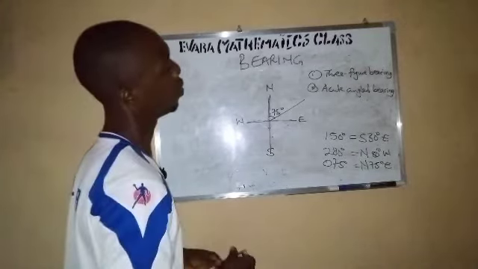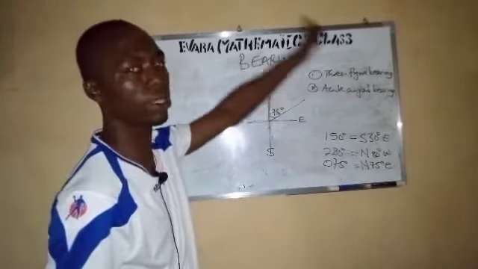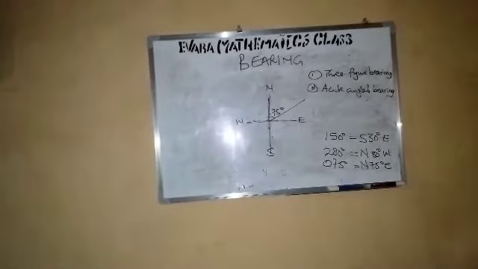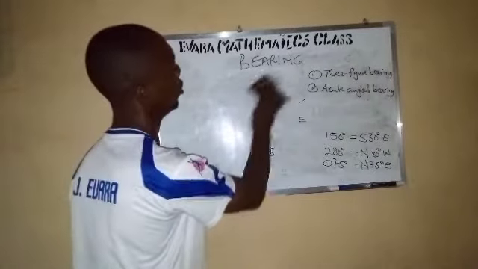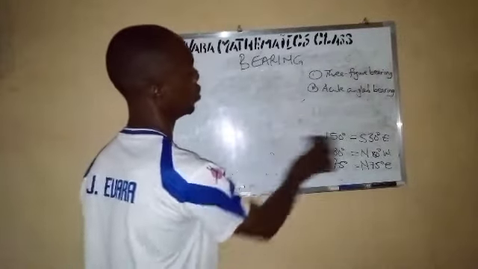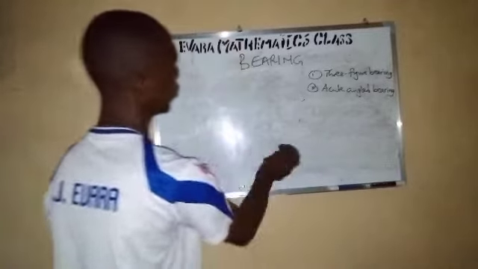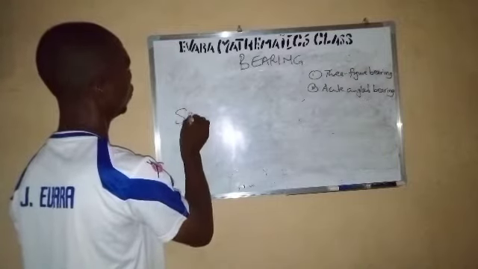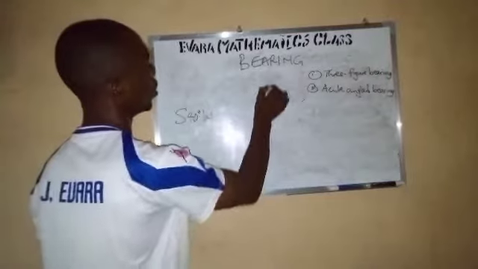So now let's take a look at how to convert acute-angled bearing back to three-figure bearing. From acute-angled bearing to a three-figure bearing. Let's convert south 40 degrees west to a three-figure bearing.